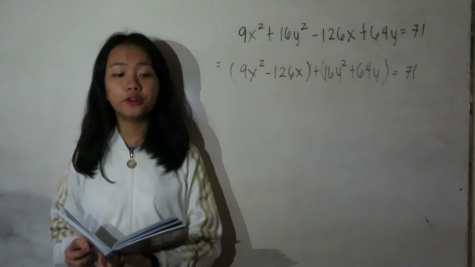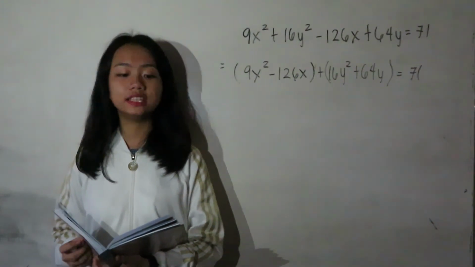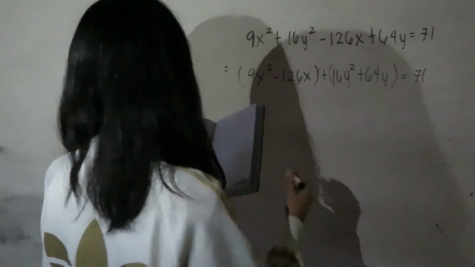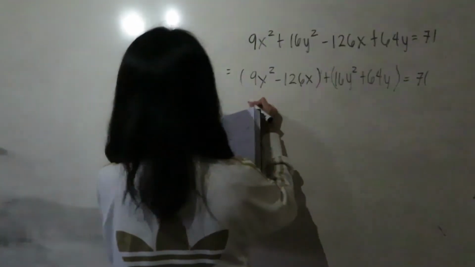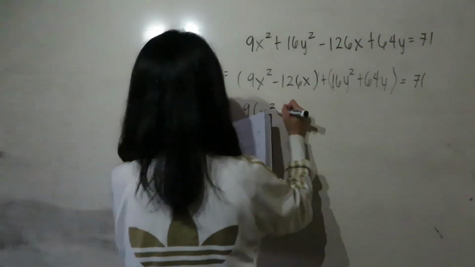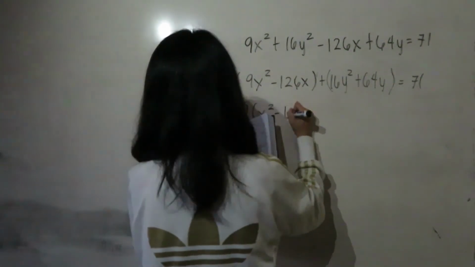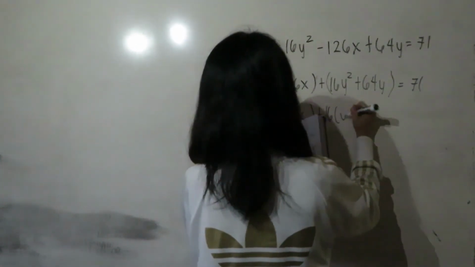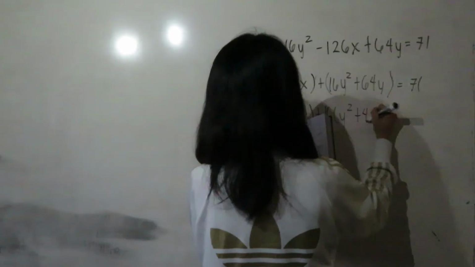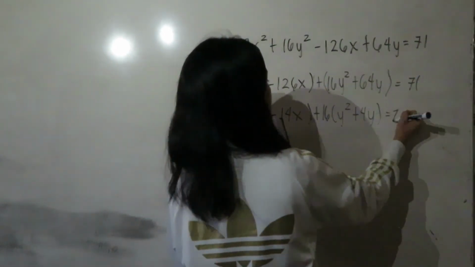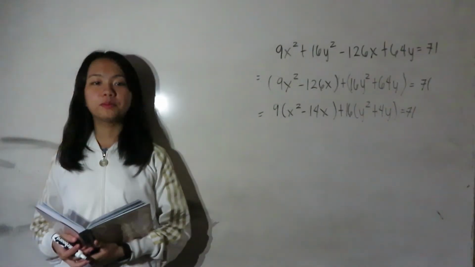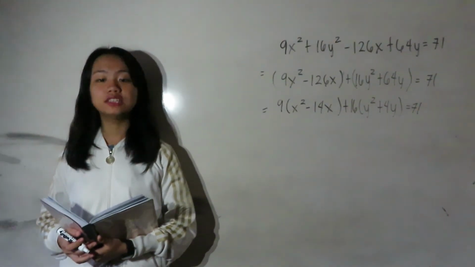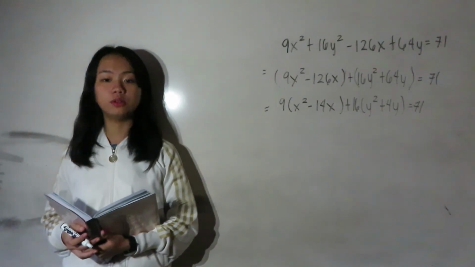Step 2. Move the constant to the right, then factor out the coefficients of the squared terms. Step 3. Divide the second variable's coefficient by 2 and square the quotient. After that, add the values to both sides.